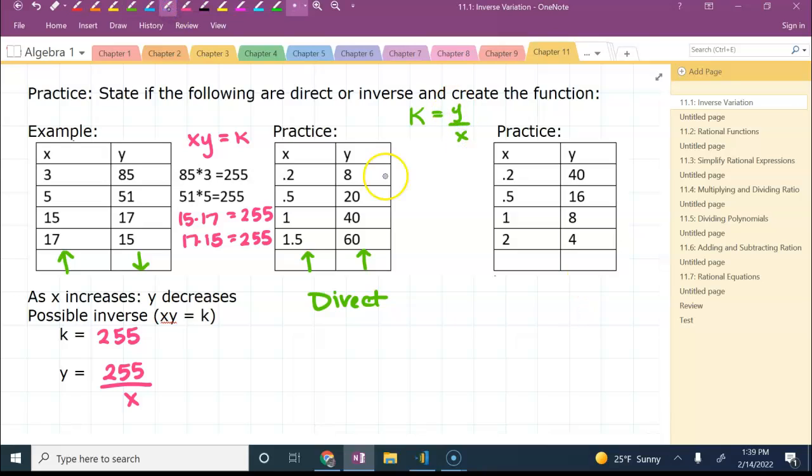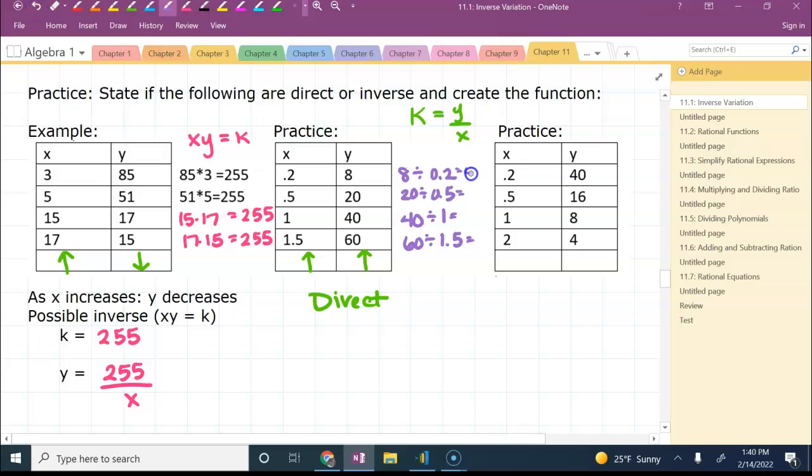So you're going to take in here 8 divided by the 0.2, 20 divided by the 0.5, and so on. So this is going to give you your constant, and these all come out to be 40. So that's your k. So down here we could say k equals 40. And so to write our direct variation, it's y equals kx, which would be y equals 40x.